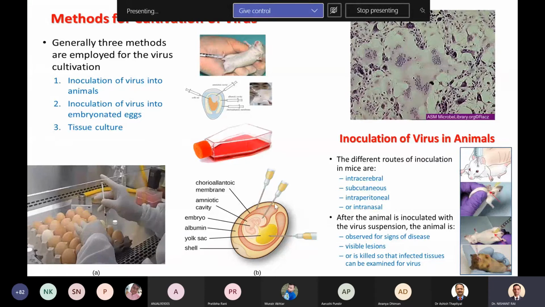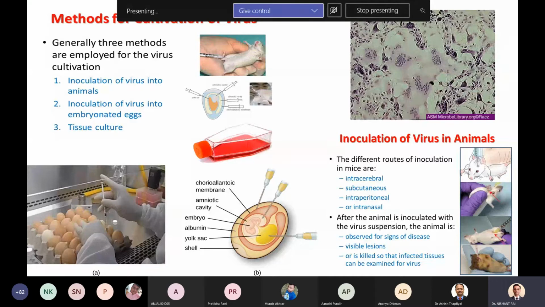So first we procure the fertile egg, we screen the egg for the presence of the embryo, then we label it, and after this we identify the route of inoculation. And for your information, we determine the dose of the virus, called the lethal dose.